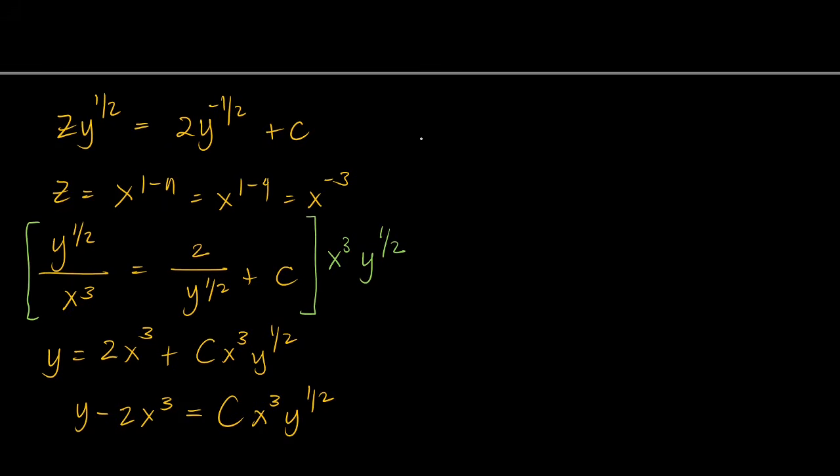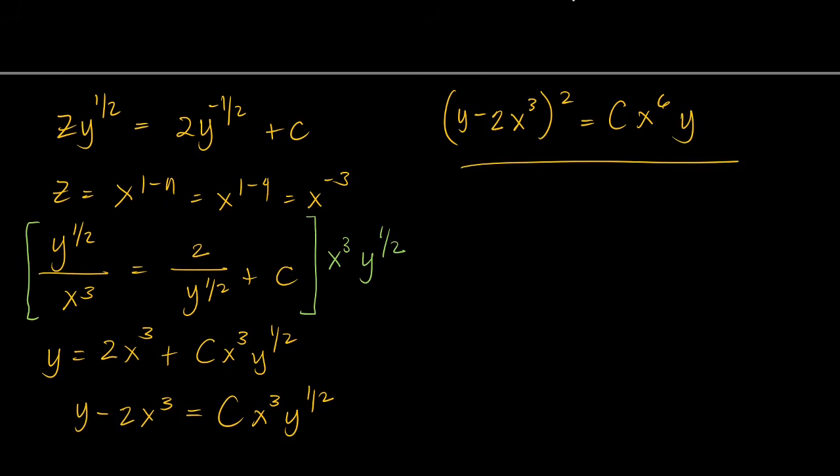So, squaring both sides, we will get y minus 2x cubed squared equals, if I square c, that's still a constant. And then x cubed, pag in-square is x to the 6th. And then, kapag in-square natin ang square root, ang makukuha lang natin is yung y. Okay? O, di ba? Okay, hindi natin namalayan, tapos na pala tayo. Okay, so this is now our general solution. O, di ba? General solution.